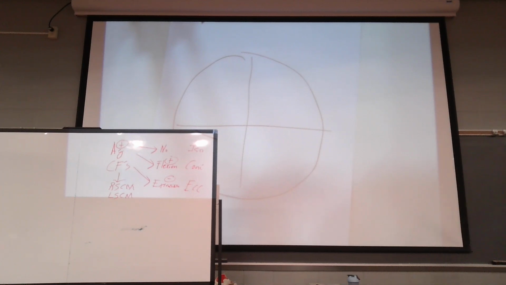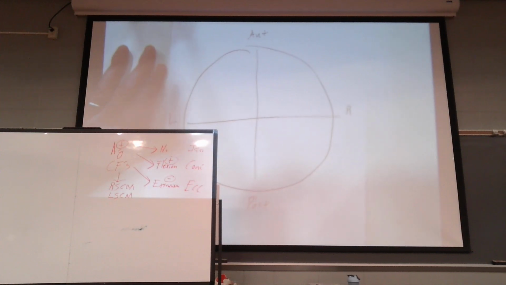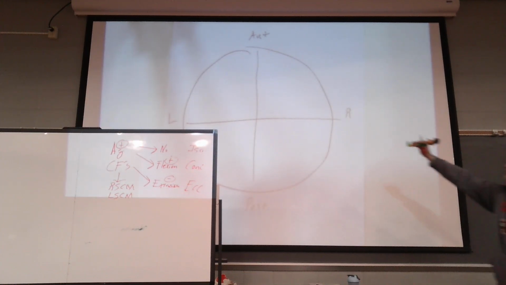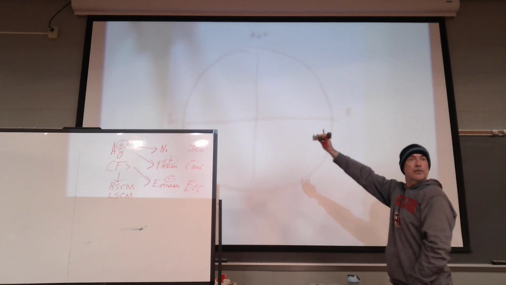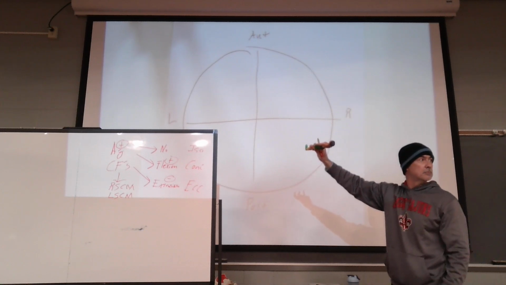The muscles that cross the neck, the cervical spine, anteriorly, so this is the anterior part, this is the posterior side, this is the left side. Anterior, posterior, right side, left side.